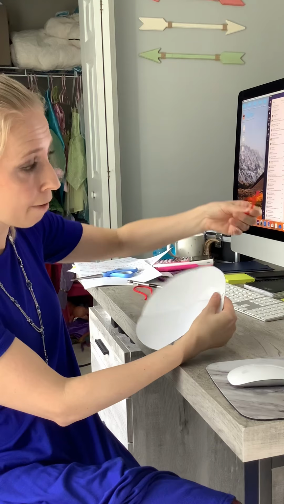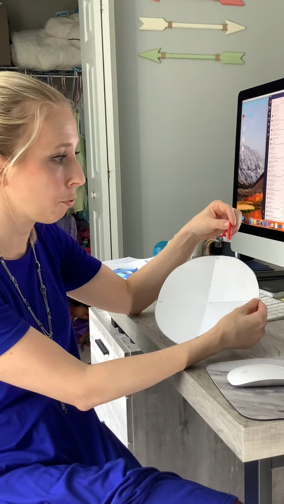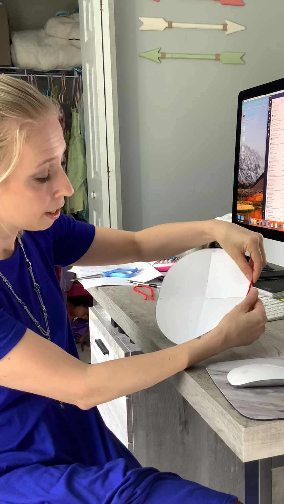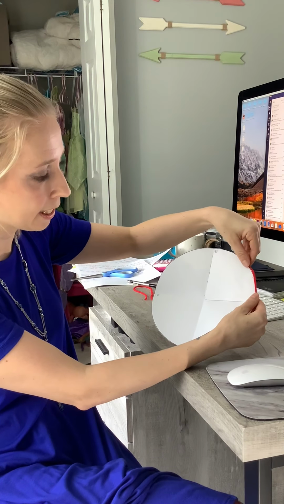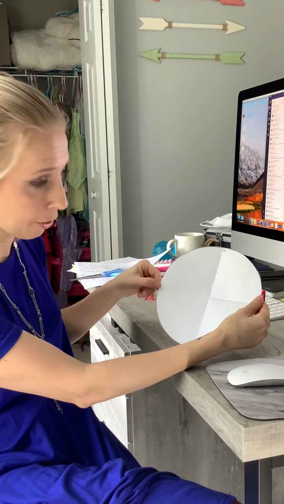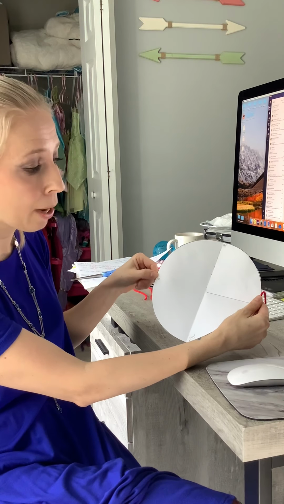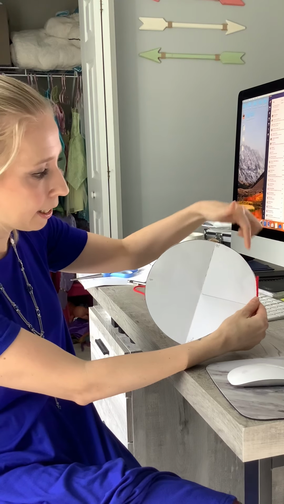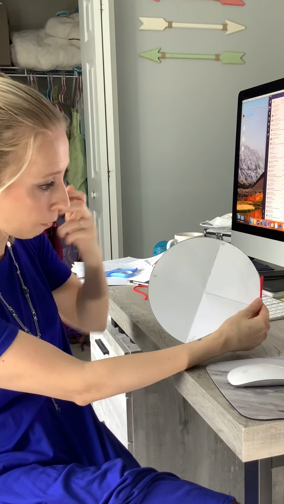So once you have that cut, what we're now going to do is find out how many of these radii it takes to get all the way over to 180 degrees. We're going to figure out how many radians or radii it takes to get halfway around the circle.